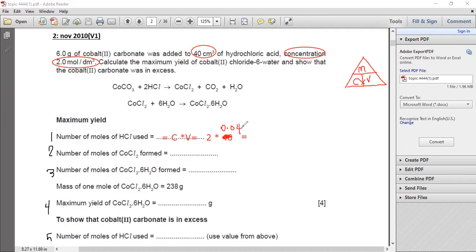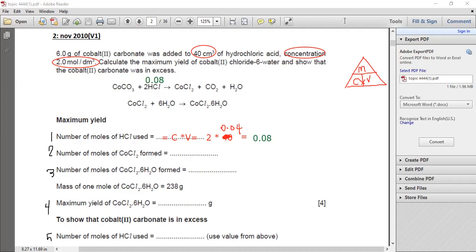Is it true? Yes. Okay, 2 multiply 0.04. 0.08. So here is 0.08. Now I know HCl, this is HCl, 0.08.